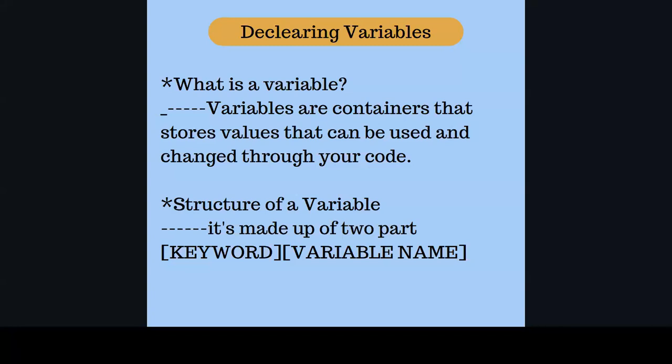They're like buckets where we can store the entities that we are using. We can always call them to use them, and we can always change them throughout our code, depending on what we are trying to do.